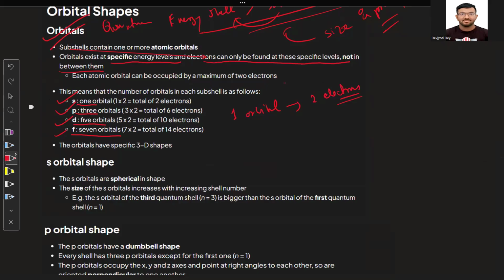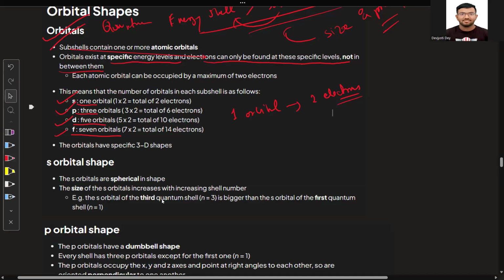So that is how they basically calculated how many electrons the orbitals can handle. Since there is only one s orbital, obviously two electrons, three times two is 6, d 10, f 14. In the future, as I move on with the lecture, you will understand more what I'm trying to mean here.